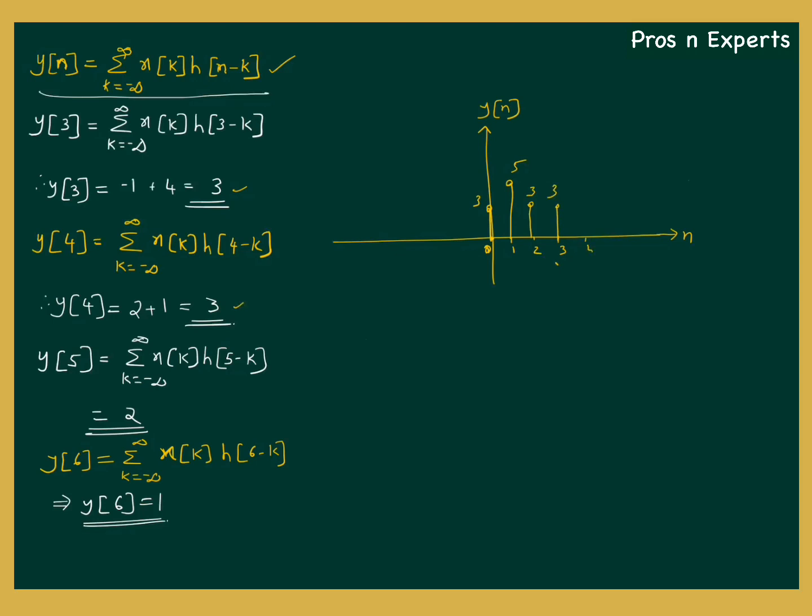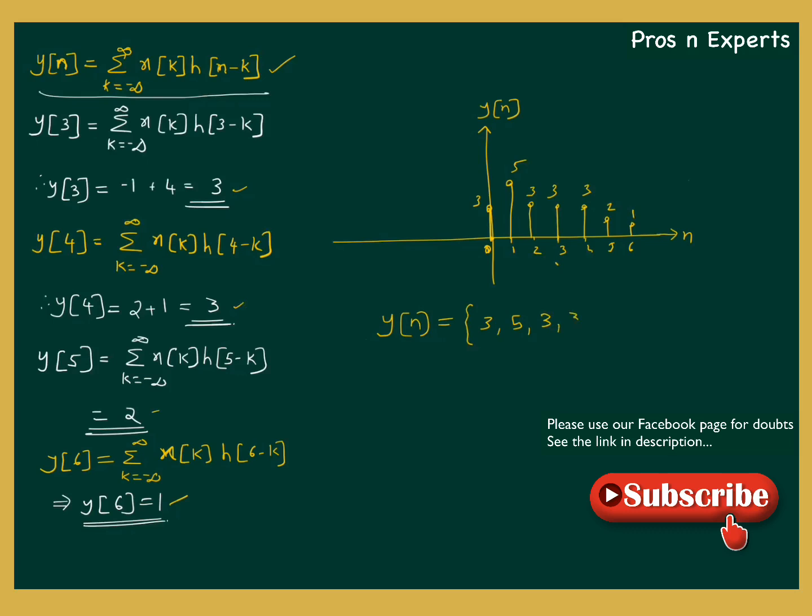Y of 4 is again 3. Y of 5 is 2. And y of 6 is 1. So this is the signal, or you can write it in sequence form. Y of n is equal to the sequence 3, 5, 3, 3, 3, 2 and 1. So this is the final answer of this question.